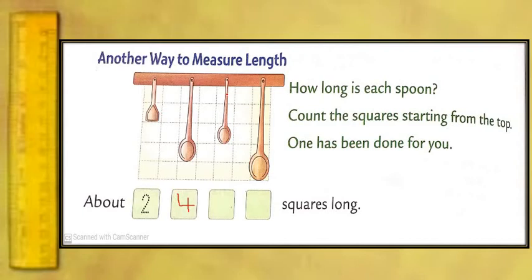This spoon is about 1, 2, 3 squares long. This one is about 1, 2, 3, 4, 5 squares long. We can understand that we can measure things with the help of squares also.